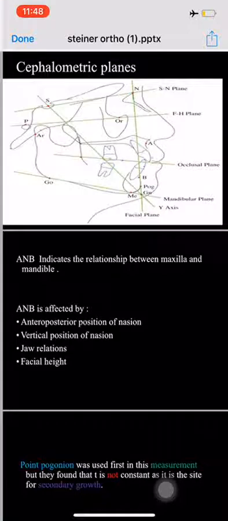Also we have the palatal or maxillary plane between anterior nasal spine and posterior nasal spine.